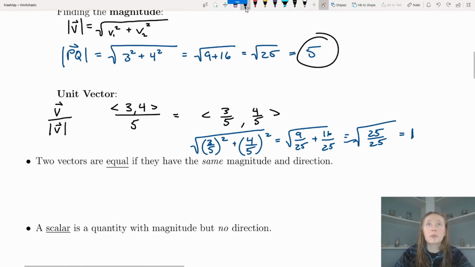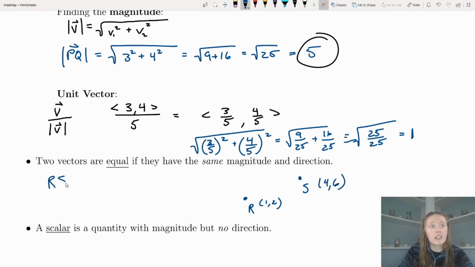So, for example, let me give you two other points. Let's do R and point S. R will be the point 1, 2, and S will be the point 4, 6. Now, if I want to find vector RS, remember, all I have to do is head minus tail.